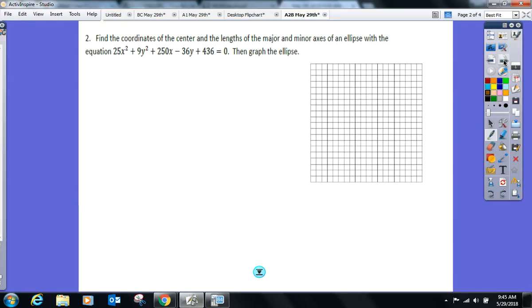All right, here we go. Woo, big numbers. X's together, numbers to the other, X's and Y's together, numbers to the other side. First step, go ahead. Rewrite it.